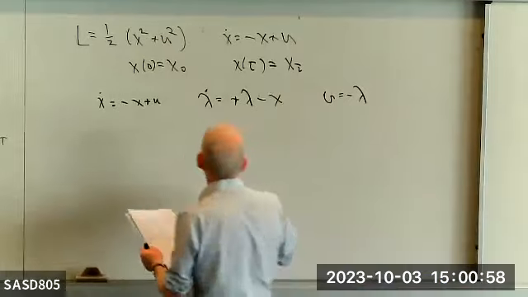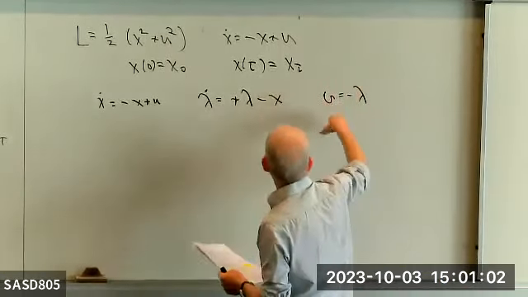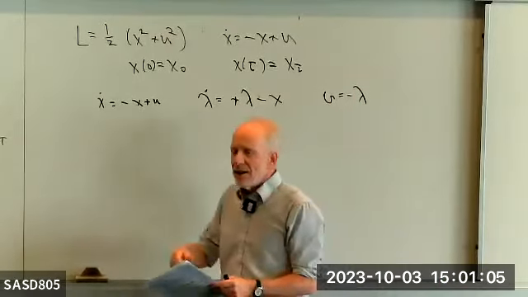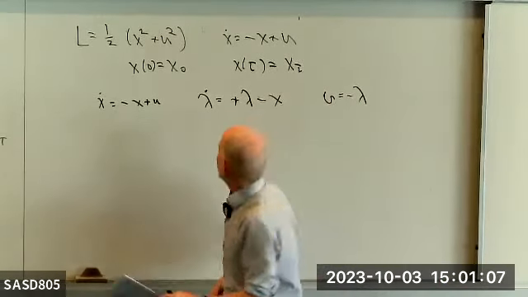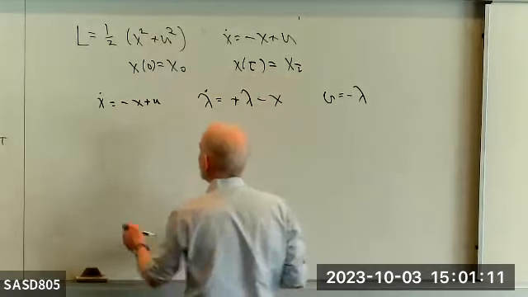And so now you can think of this, once we put in for this, as basically a second order equation with a condition at the beginning and a condition at the end. Okay, and so then you can solve for it.